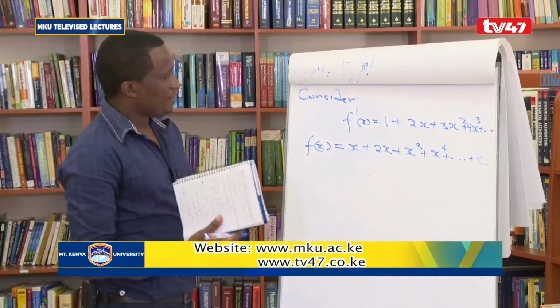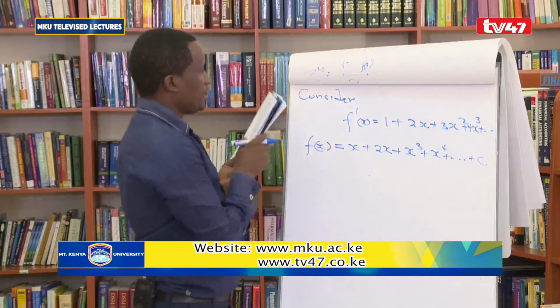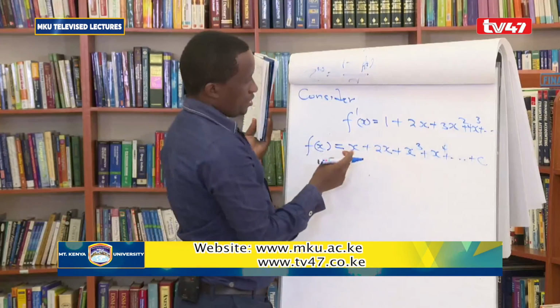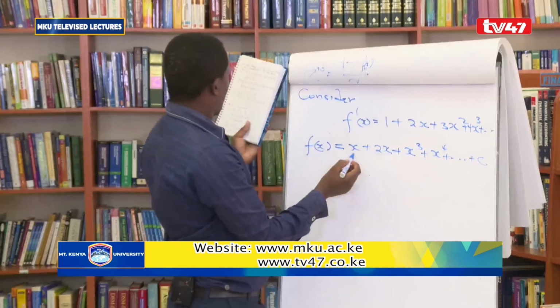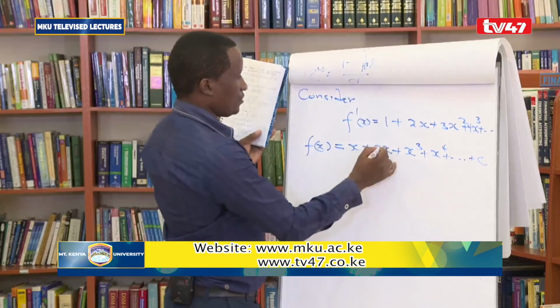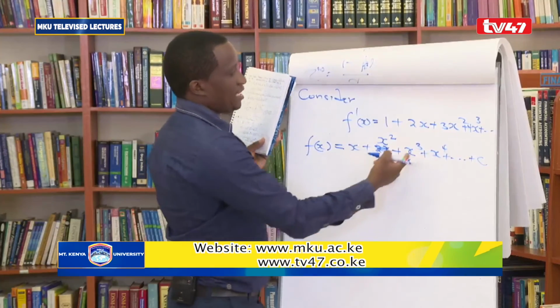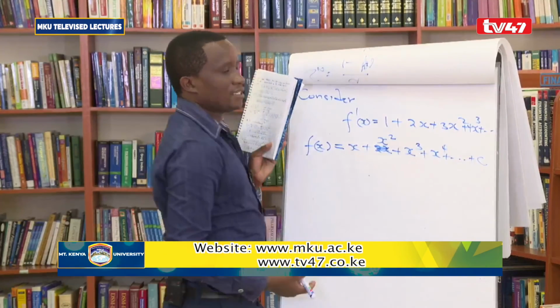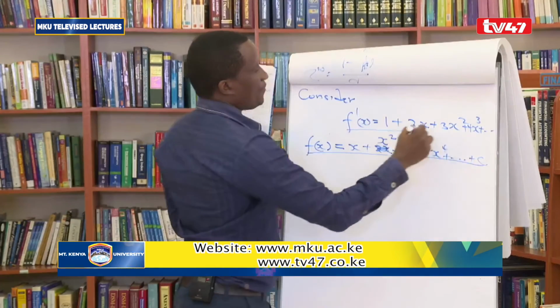Now, if I differentiate this function, the second function, I get the first function. The derivative of x is 1. The derivative of x squared is 2x. The derivative of x cubed is 3x squared.